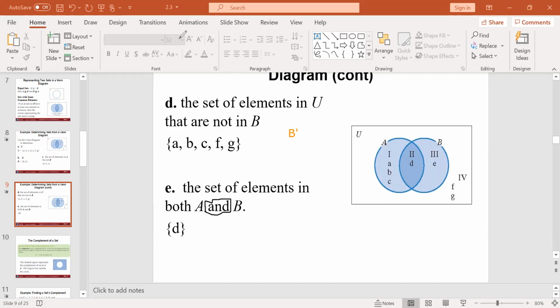And what we're about to see is that we can use the symbol A, an upside down U, B, and that's A intersect B. That's how we read that. It's the intersection of both of those two sets. When two things intersect, it's where they have in common.